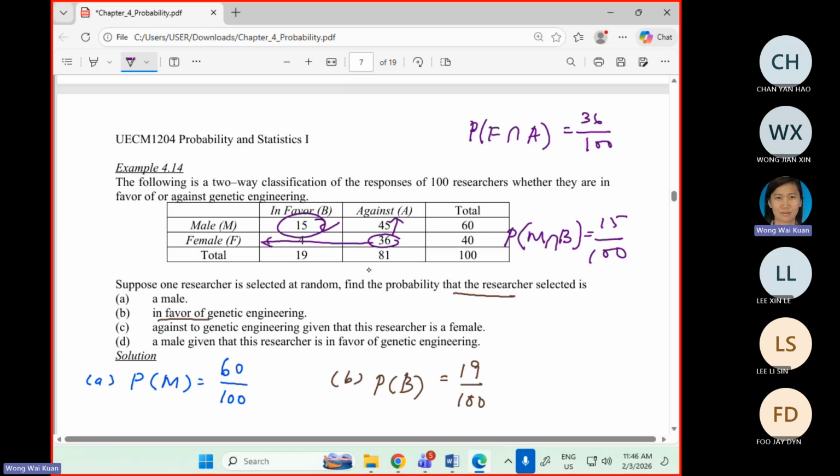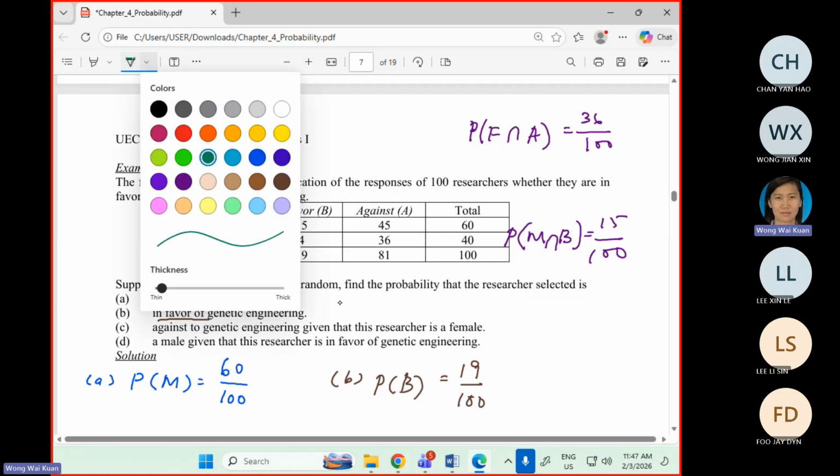The intersection is compared to everyone. Is that okay? Okay, so now you are very clear. What is single, or simple, or marginal? This is marginal. This is joint. So we do joint probability later, but I just do it here. Okay? So now let's look at this.